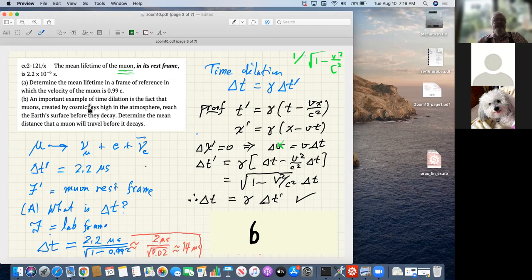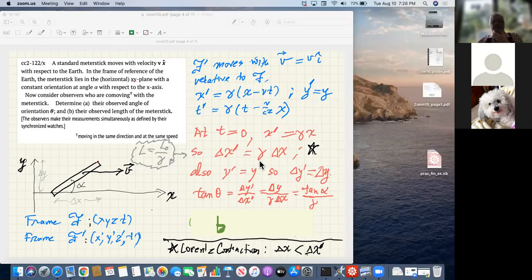Now, part B proposes that it's moving even faster. And then the question is, how far does it move? So part B of the homework problem is, what will the co-moving observers measure as the length of the meter stick?